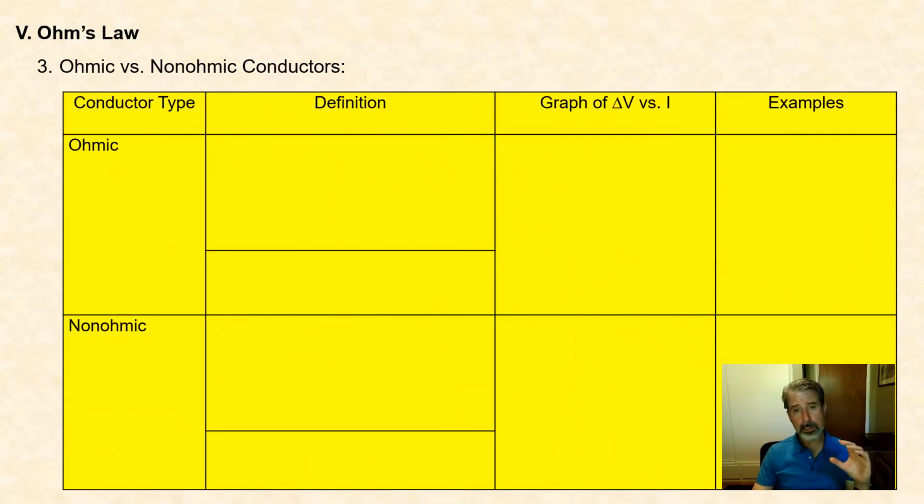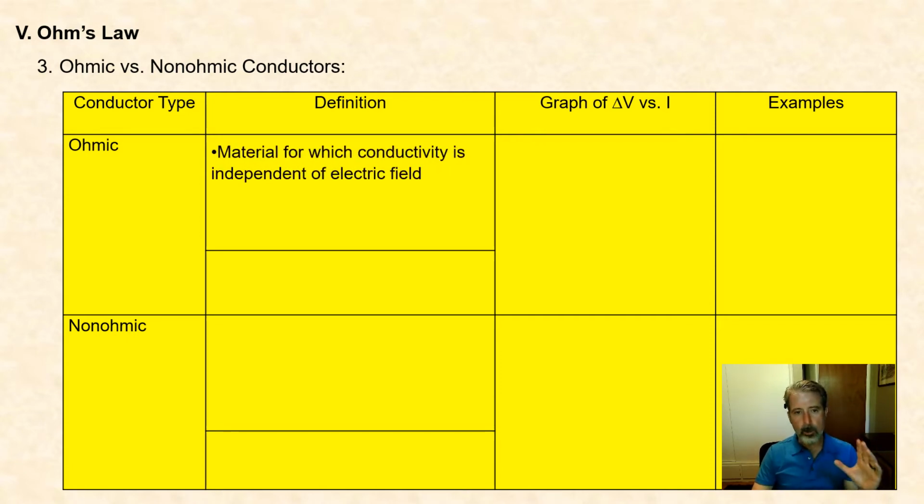Now it turns out that not all materials obey Ohm's law. Materials that obey Ohm's law are what we call ohmic materials, or ohmic conductors. Materials that don't obey Ohm's law are what we call non-ohmic materials or non-ohmic conductors. So to contrast these two different classes of materials, we'll start and say that an ohmic conductor is a material for which the conductivity is independent of the electric field.